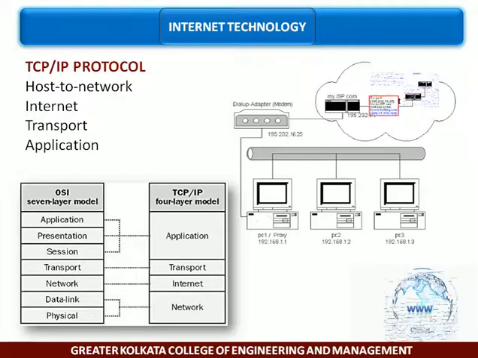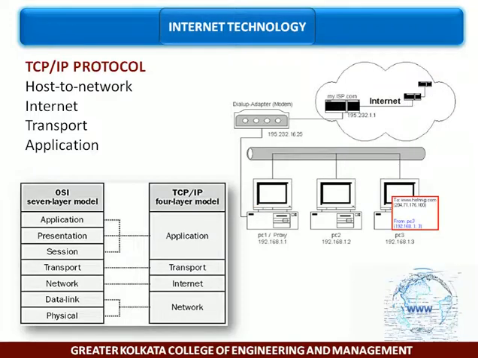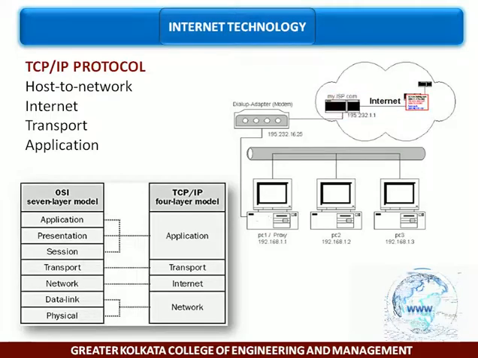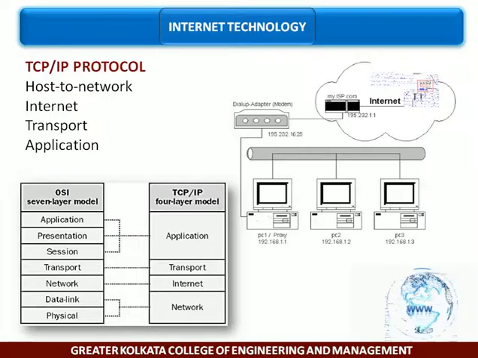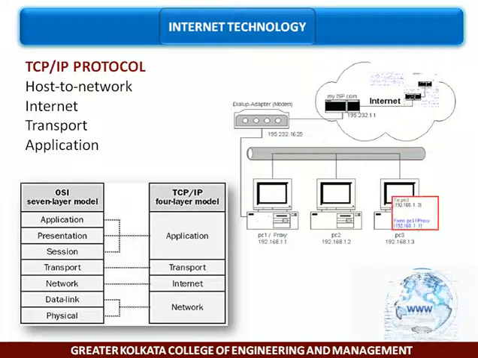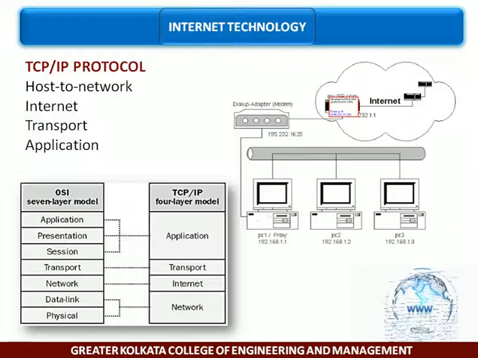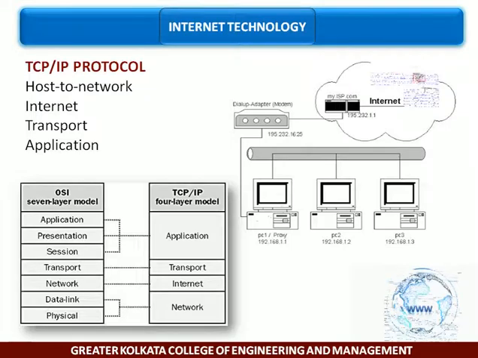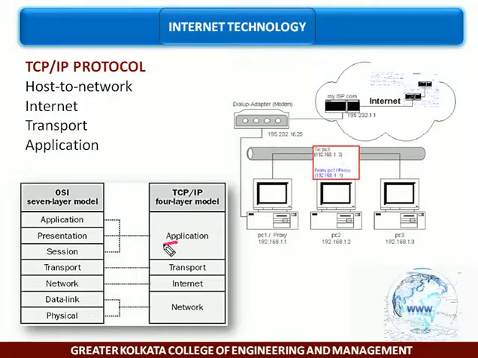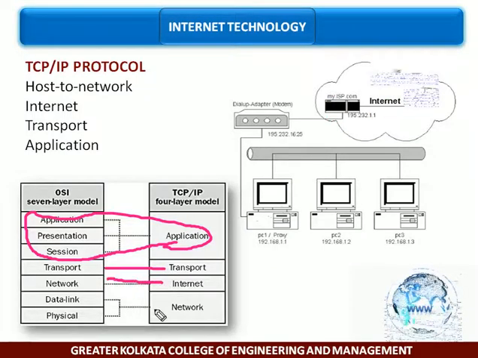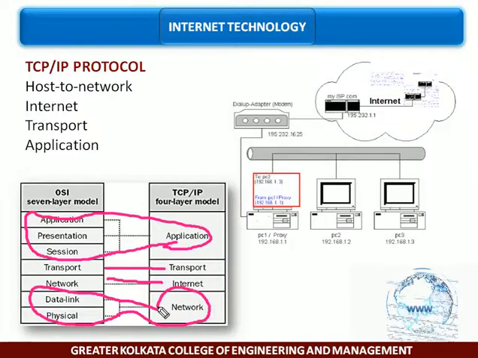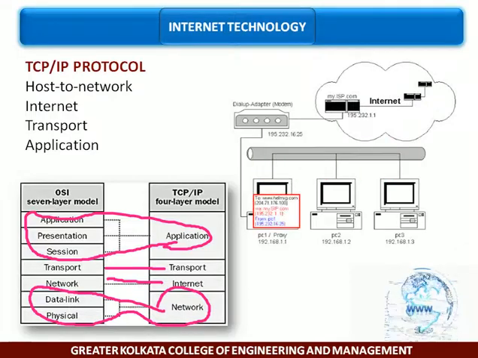However, when TCP/IP is compared to OSI, we can say that the host-to-network layer is equivalent to the combination of the physical and data link layers. The internet layer is equivalent to the network layer, and the application layer is roughly doing the job of the session, presentation, and application layers.